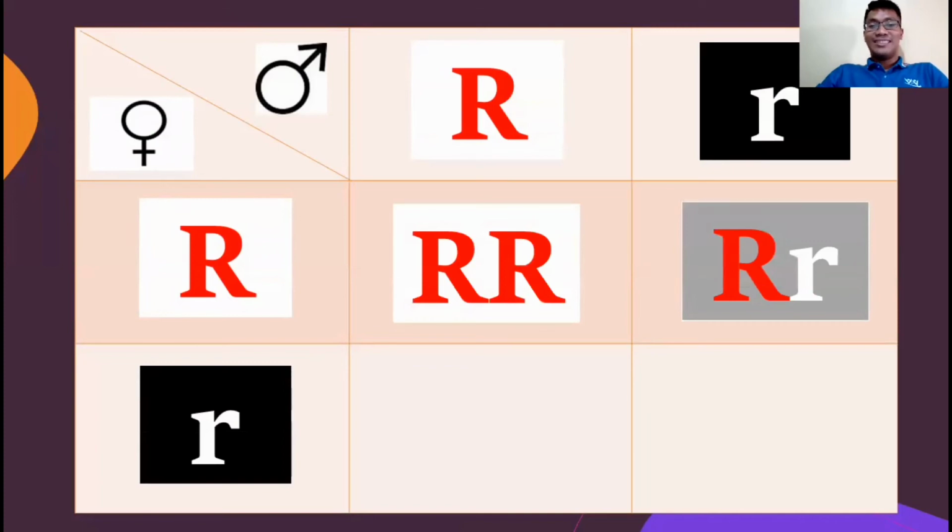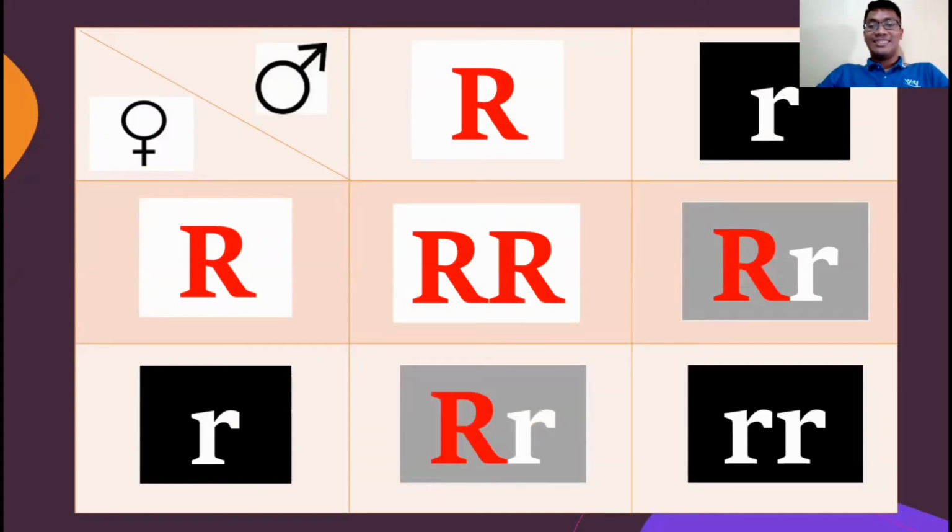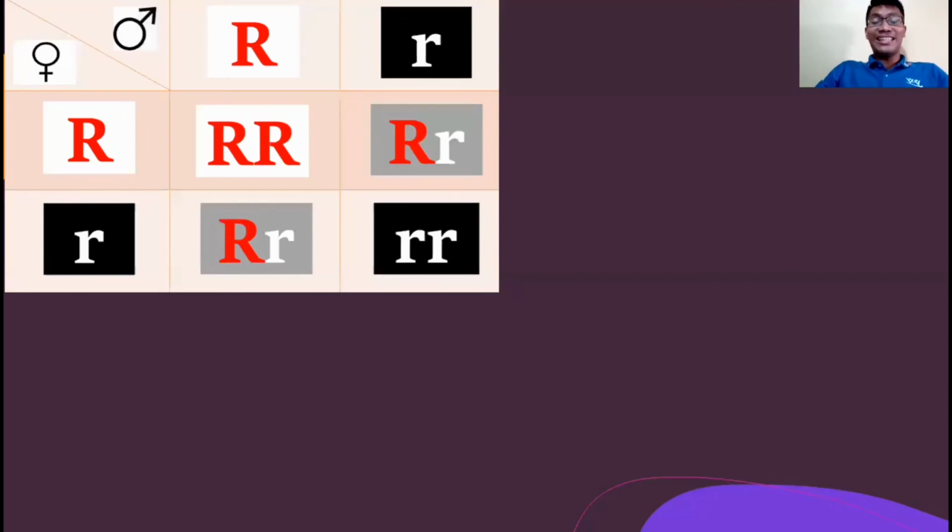Next. And we got this result. Let's try to analyze this table. For easy analysis, we will assign numbers from left to right, then downward. So what are the phenotypes in this table?